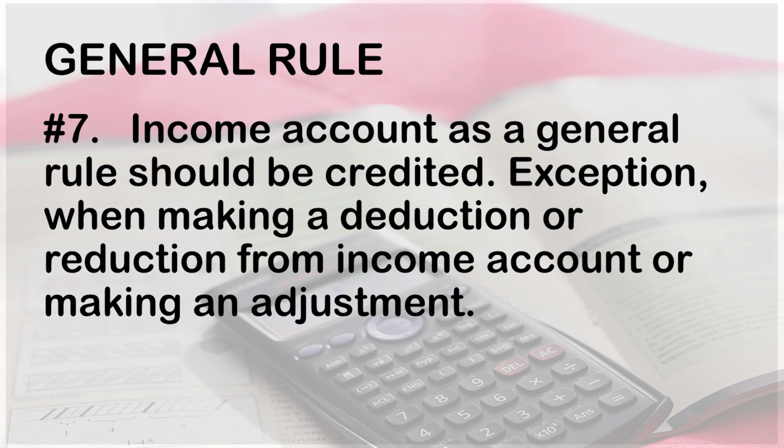Under rule number 7, income account as a general rule should be credited. The exception is when making a deduction or reduction from income, or making an adjustment or correcting entry. Let's have a simple illustration of the general rule that generally income should be credited.